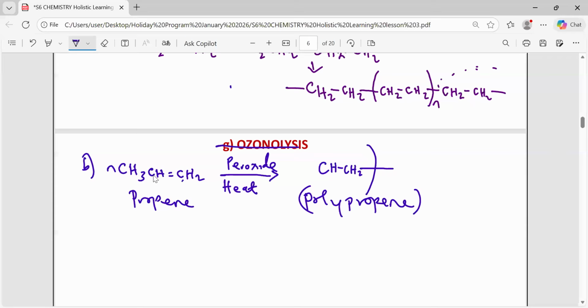Then this carbon atom here is the one attached to other propene molecules. And then this is a branch, CH3. And then we have our product. Have you seen how I've gotten my product, the polypropene? Yes, teacher, I believe it is clear.